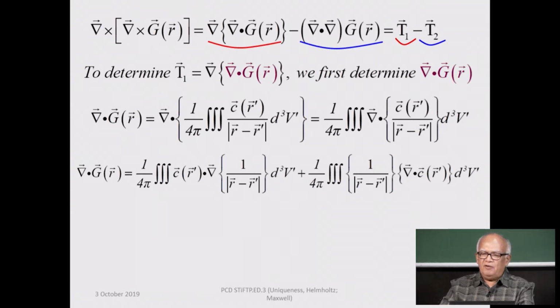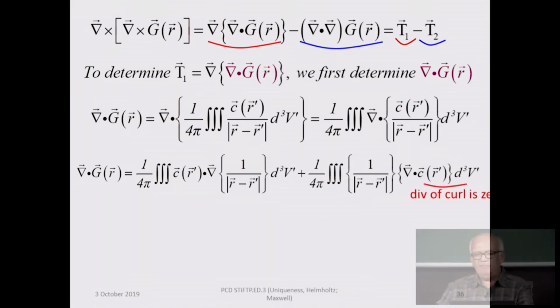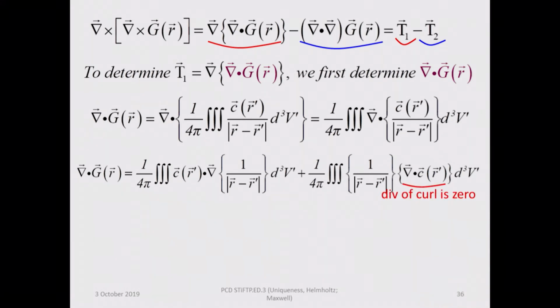Now you have to be careful because this involves derivative with respect to r and the integration is with respect to r prime, right. So, can I show this to be 0?